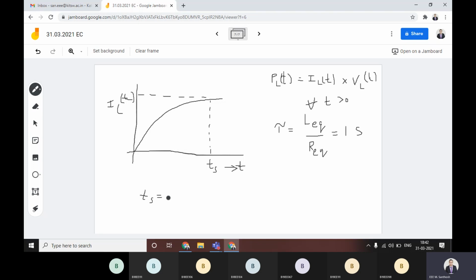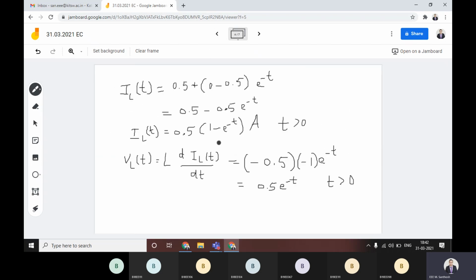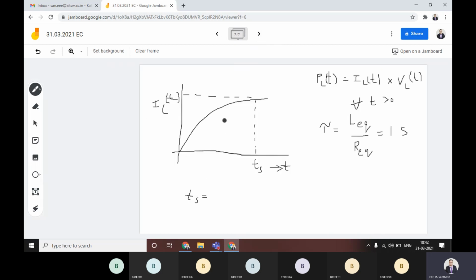In terms of percentages with the initial value or final value you tell. Usually we will say it this way: to reach 99% of the final value, right? To reach 99% of this final value of voltage or current, basically this is called settling time.